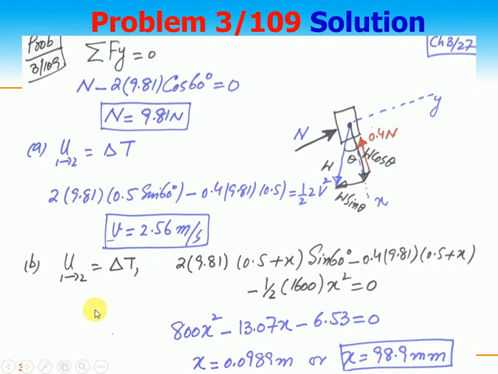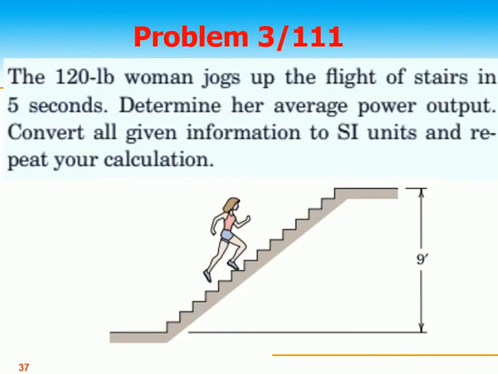Here the equation becomes a quadratic equation. I solve it and take the positive value. It is 0.0989 meters or 98.9 millimeters, or you can say about 9.9 or 10 centimeters is the deflection of this spring.